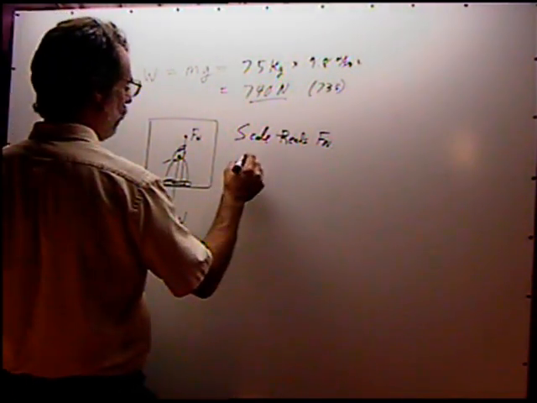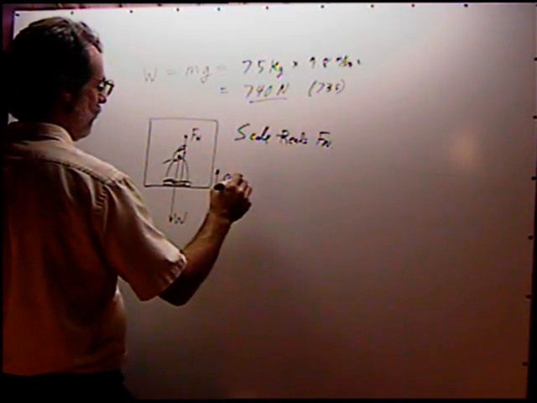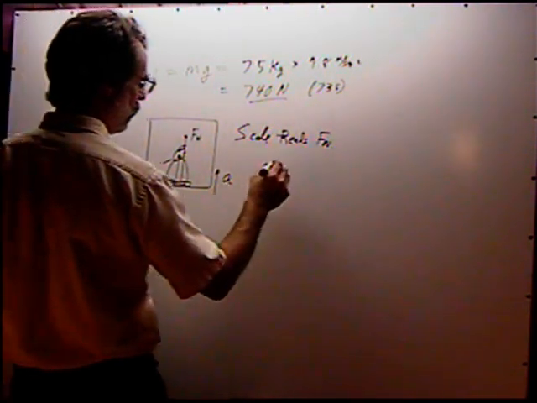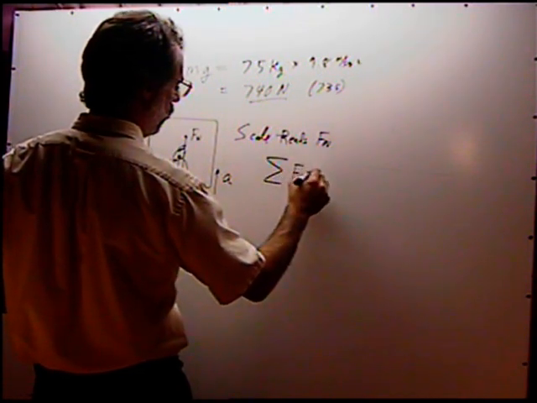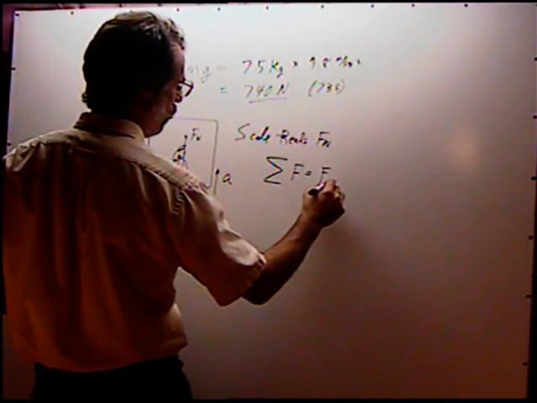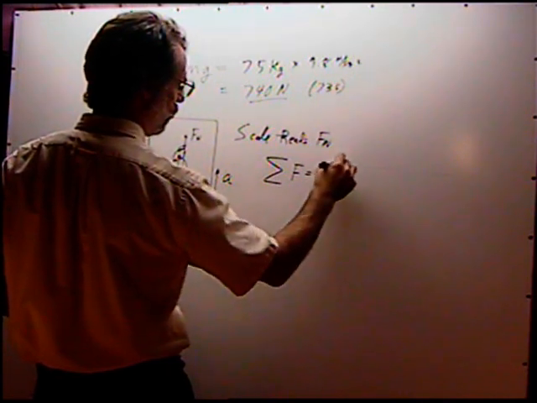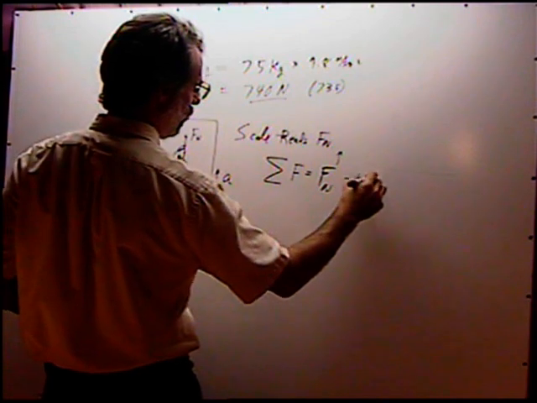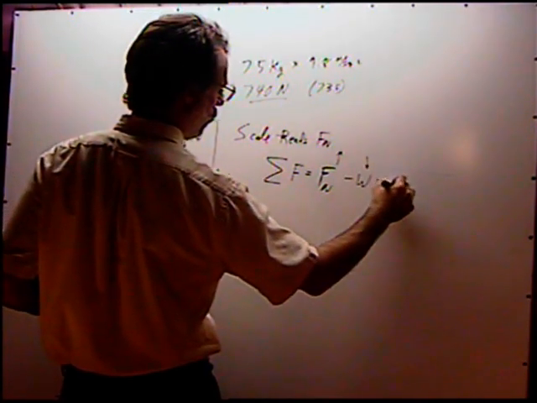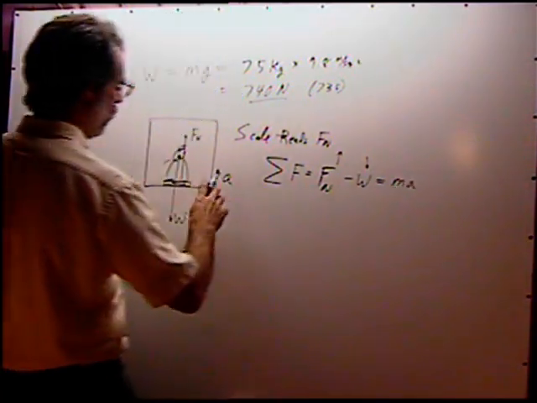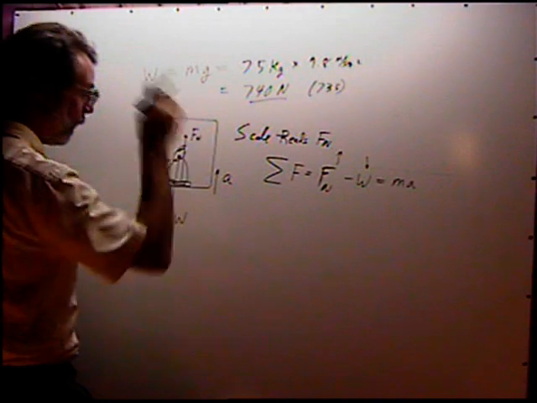If everything is accelerating in a certain direction with a certain acceleration, the sum of the forces is that we have a normal force which acts up, we have a weight which acts down, and this is equal to the mass times acceleration, whether it's accelerating up or down.